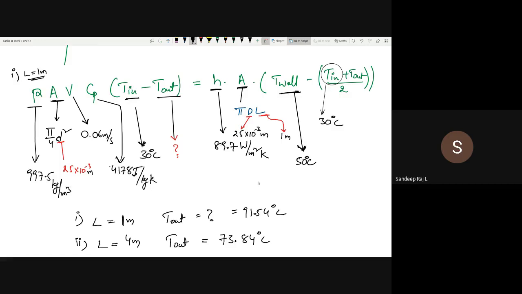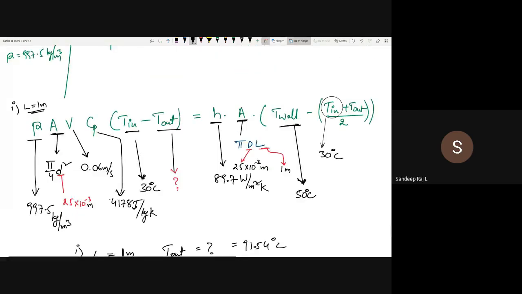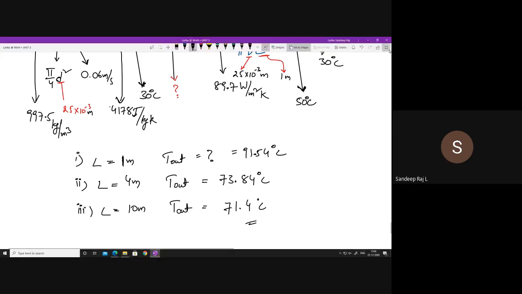Please tell me what is T out value at L equal to 10. 71.45. 71.4 degrees centigrade. As L is increasing, the temperature is decreasing. Let's see if that is making sense, so we can take it for granted. So let's move to the other questions.